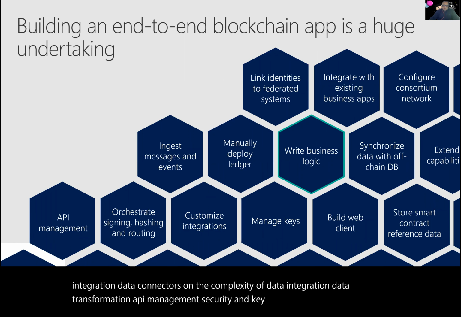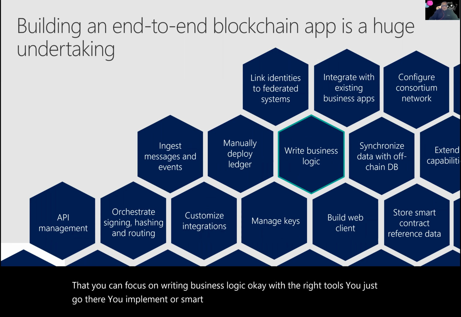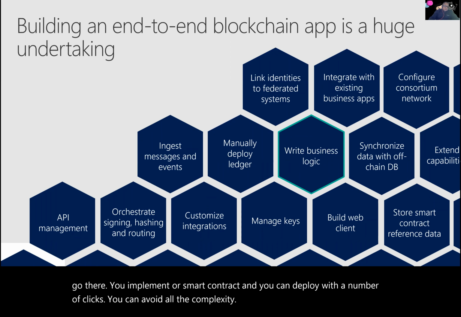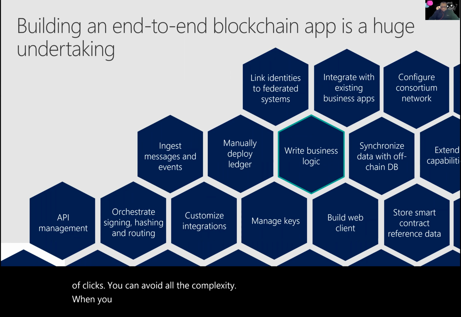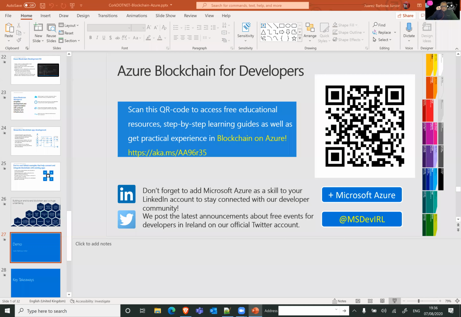And with that, you can focus on writing business logic, okay? With the right tools, you just go there, you implement your smart contract, and that's it. You can deploy with a number of clicks. You can avoid all the complexity when you consider the different components and factors that you have to consider for blockchain development projects. Okay, so let's have a quick demo here now.